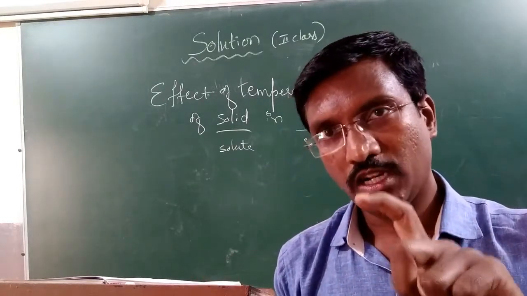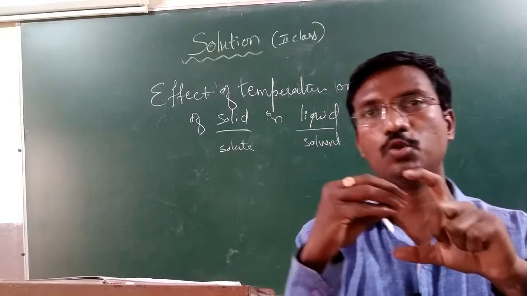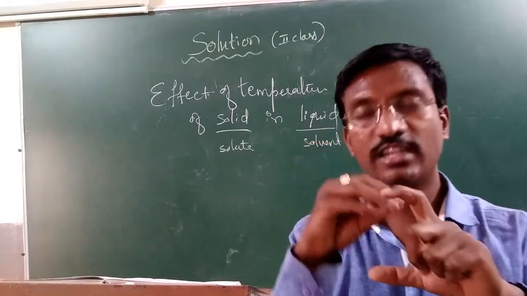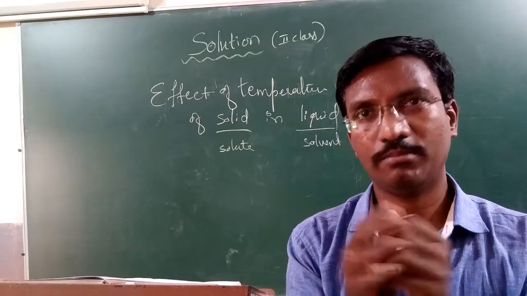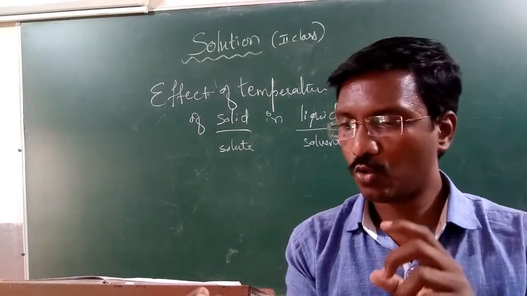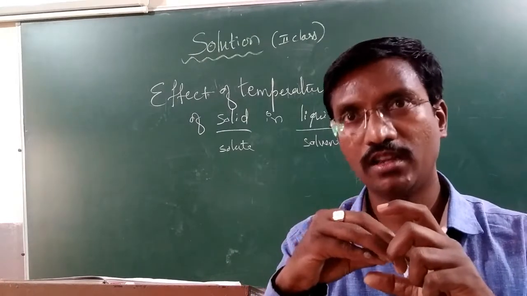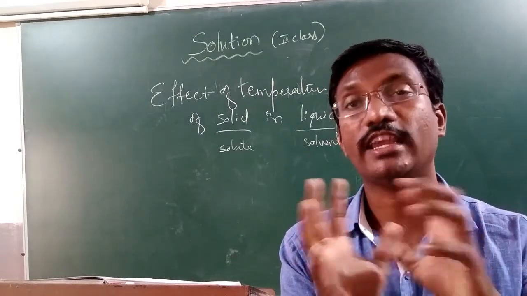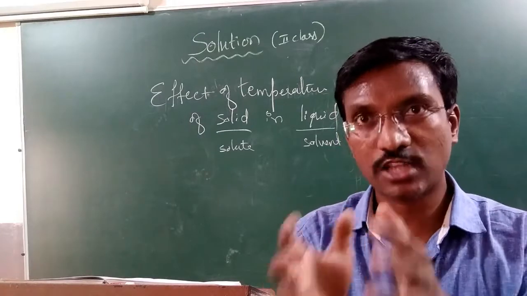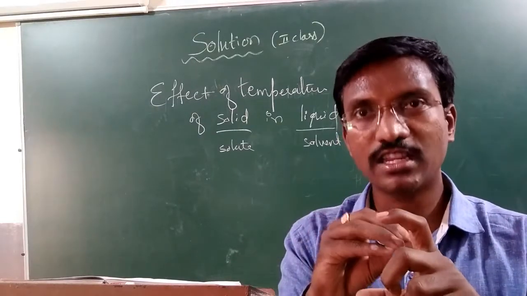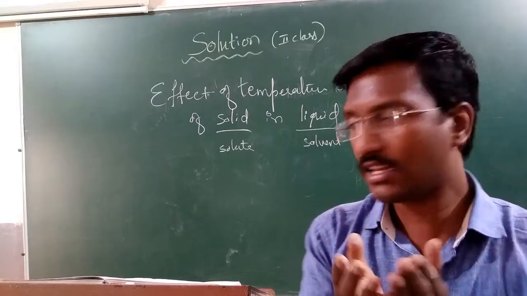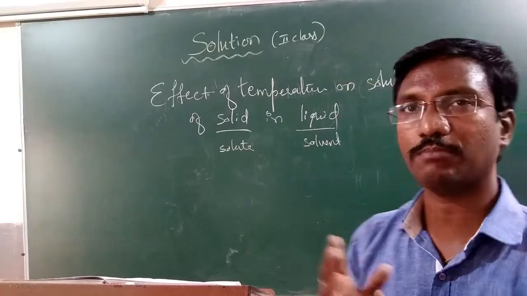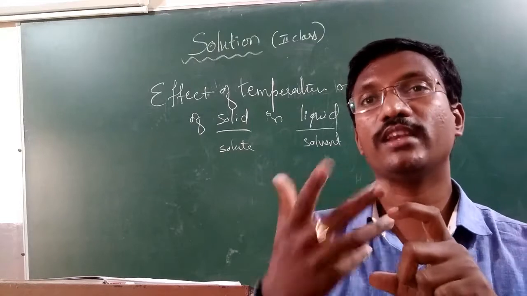So here we are adding sugar to the water. If that dissolution is endothermic, it has to receive heat. So as the endothermic process receives heat, when we increase the temperature, that dissolution also increases.